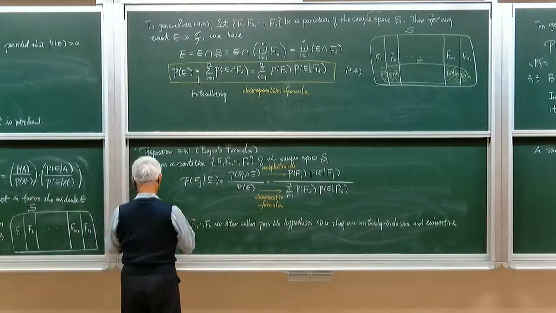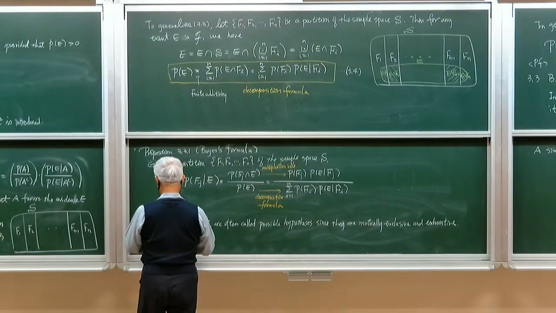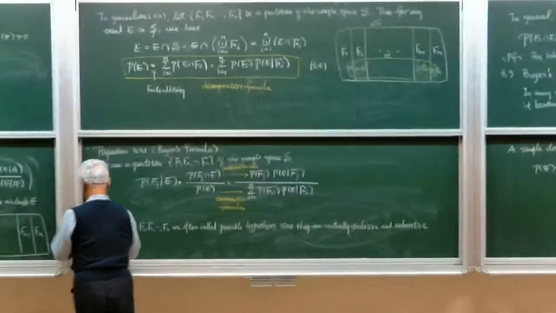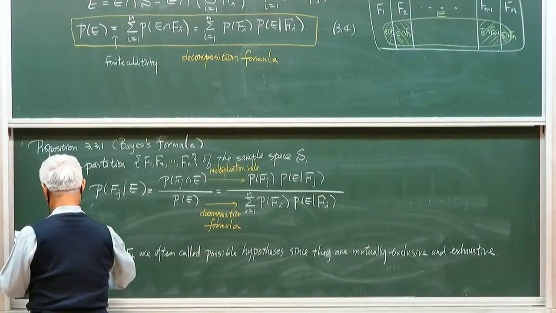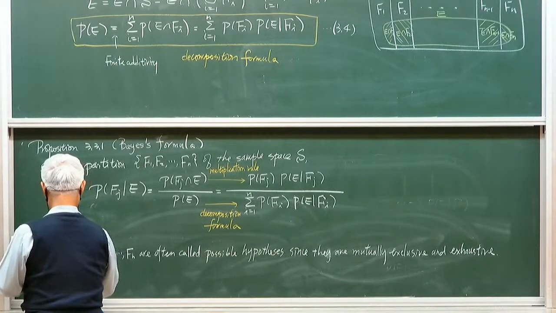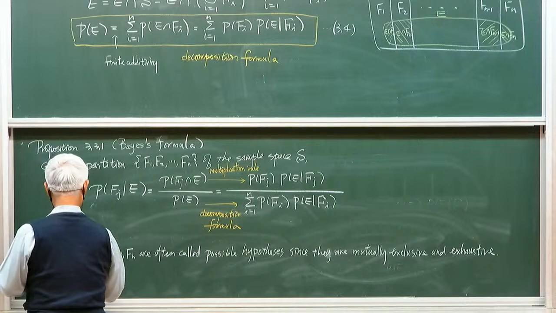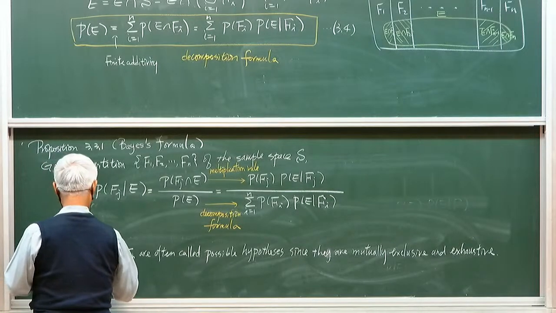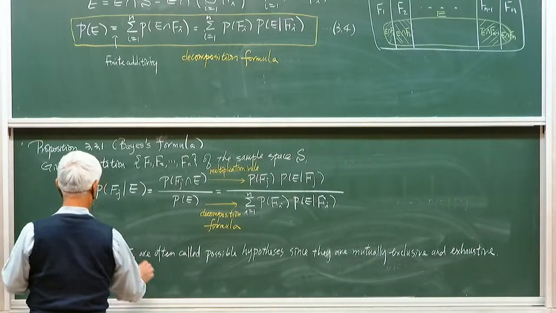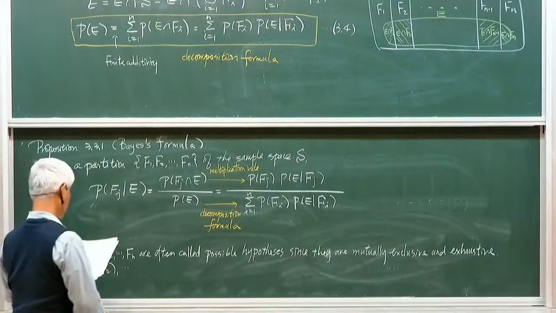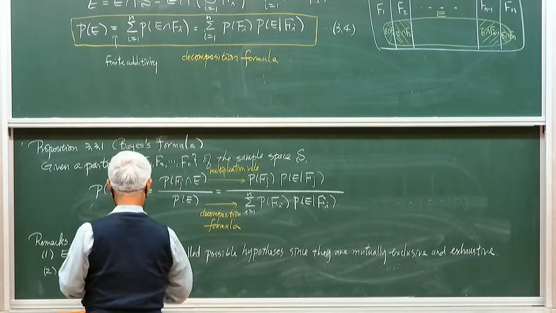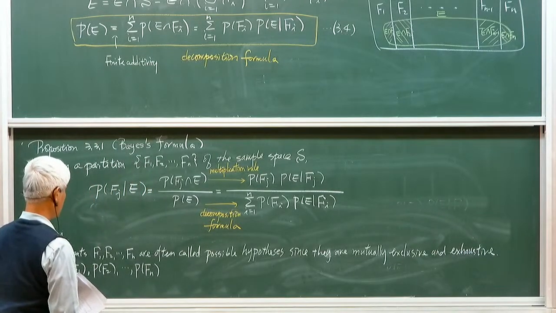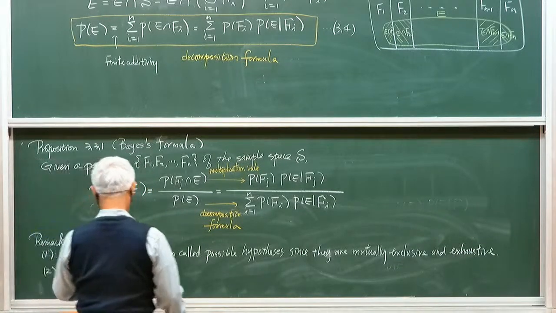Okay, and the second, the probabilities P of F1. Based on the description of this suspect, each suspect has a probability to commit the crime.